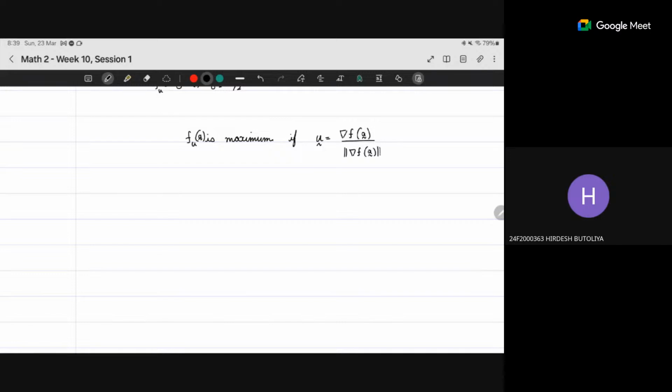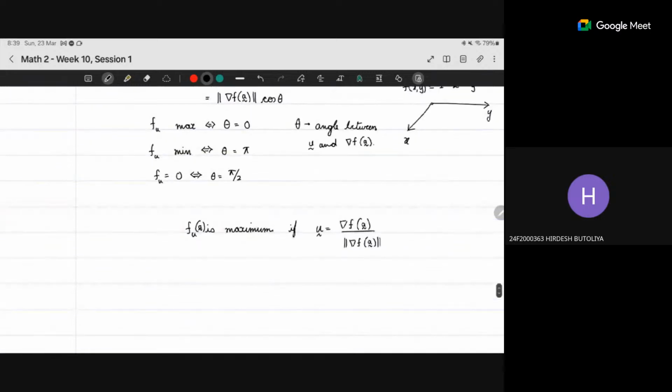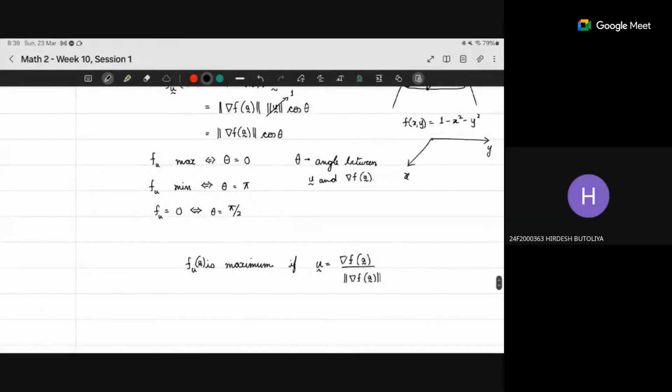So why did this factor come in? Because I am considering unit direction vectors, and it lies along the same direction. So what are the vectors which make an angle 0 with the gradient vector? They are positive scalar multiples of that vector.